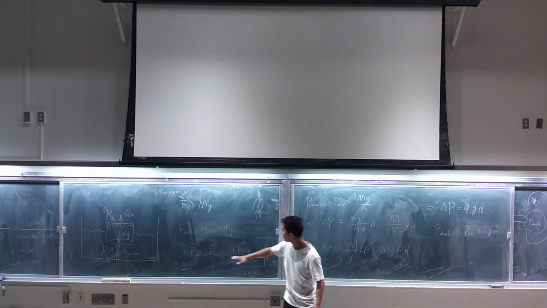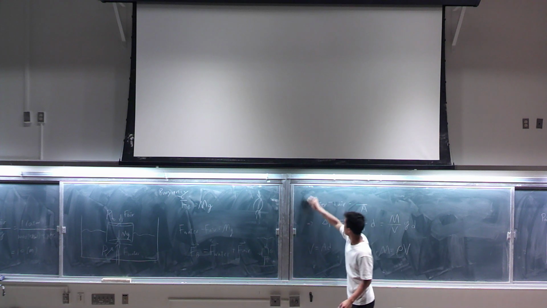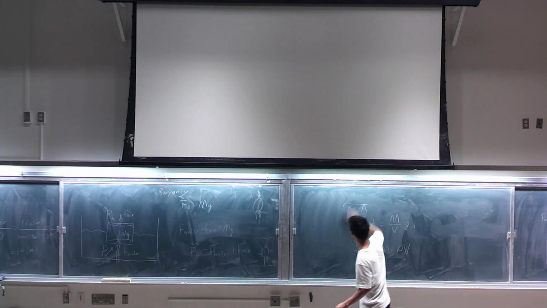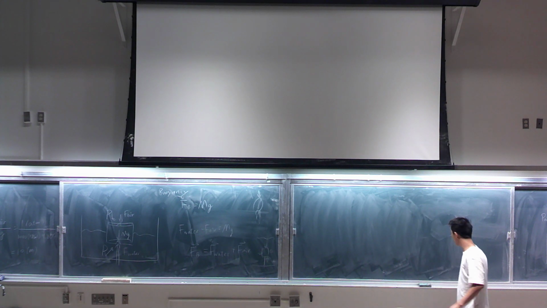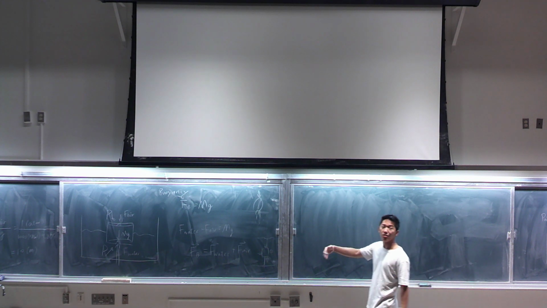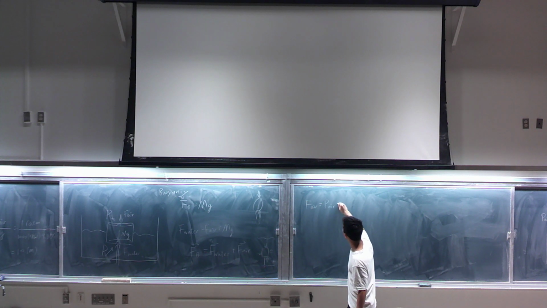So we have our buoyancy is the force from water plus the force from the air. Let's compute that with pressure. The force from the air is the pressure of the air times the area up on the top.